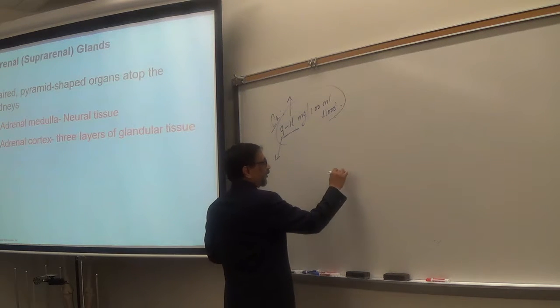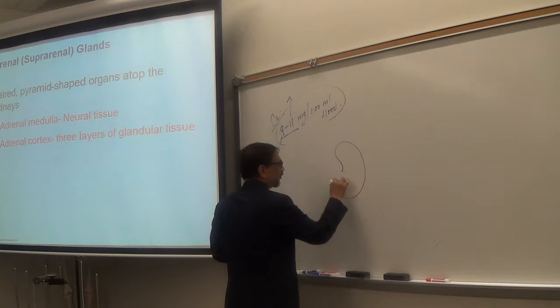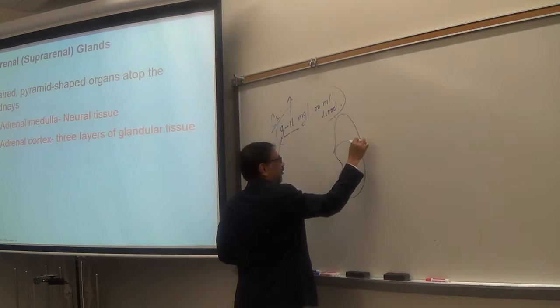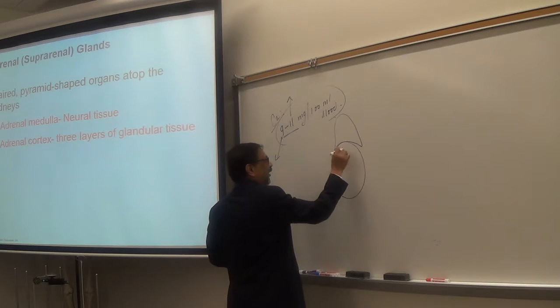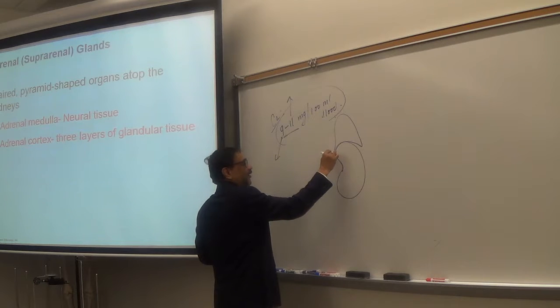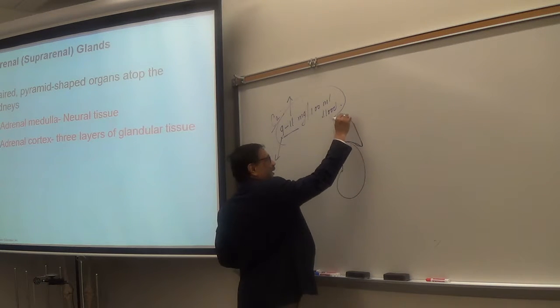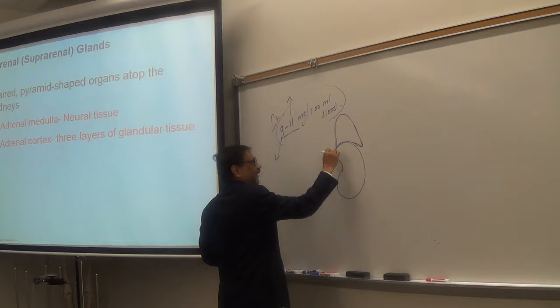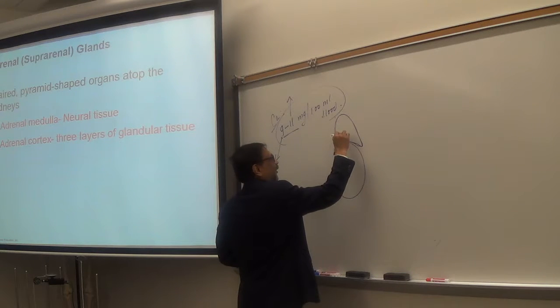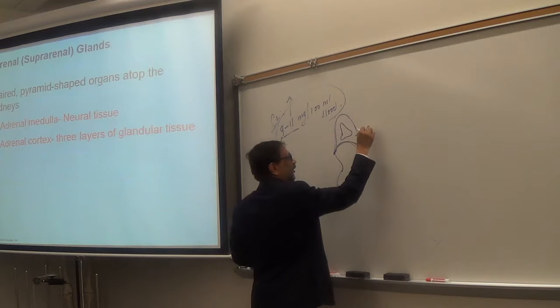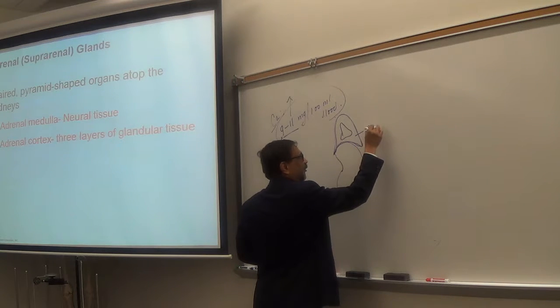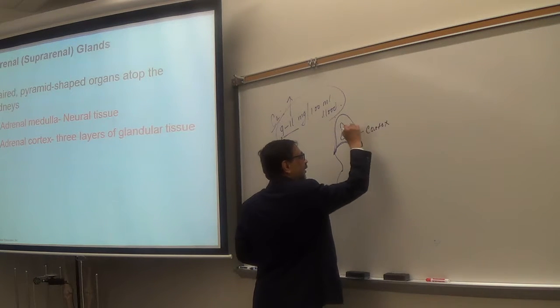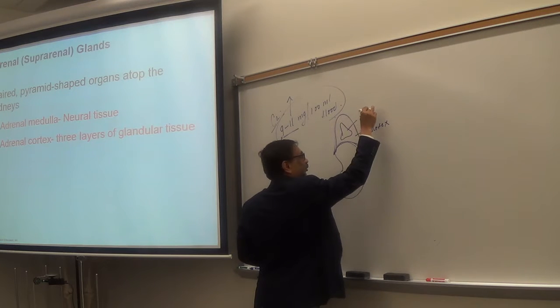The adrenal gland is also called what? Suprarenal gland, because it rests on the kidneys, like the crown of the kidney. Okay, and I told you that it has an outer part which is called what? Cortex, and the inner part is called the medulla.